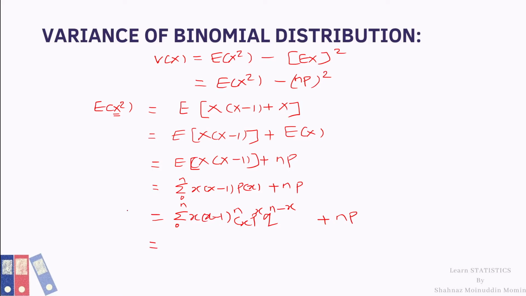By putting the values of x, we get the first term is 0 when we put x equal to 0, and the second term is also 0 when we put x equal to 1.